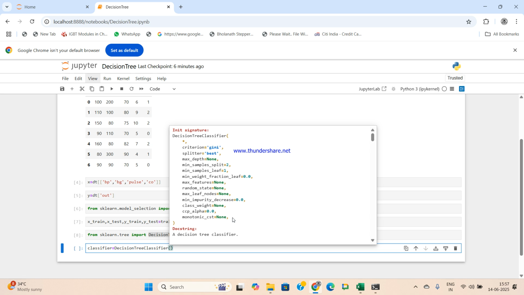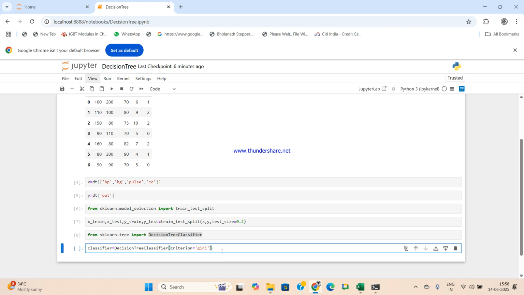Gini is basically a linear relationship, and entropy is logarithmic. All are probability and statistics. People from computer science who studied probability and stochastic processes in detail will understand it, so I'm not detailing it. I'm simply copying the syntax.